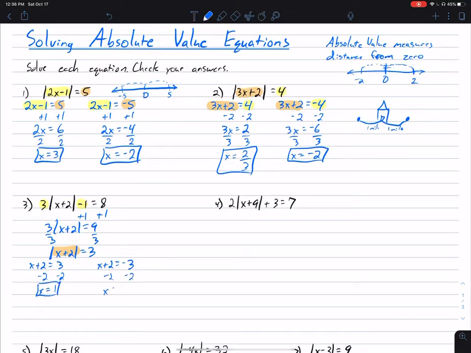Subtract 2, x would be equal to -5. Please make sure that you isolate the absolute values before setting up two equations.